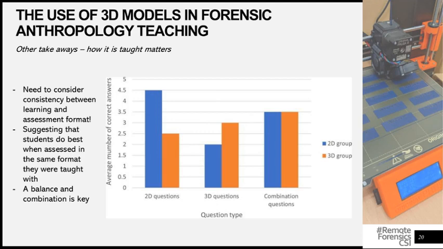So thinking about that balance and presenting the same pathology in multiple different ways is really important, because you're not always going to be able to guarantee, at a crime scene, at an autopsy, in a forensic anthropology assessment of bones, that you're going to get textbook presentations of certain things.